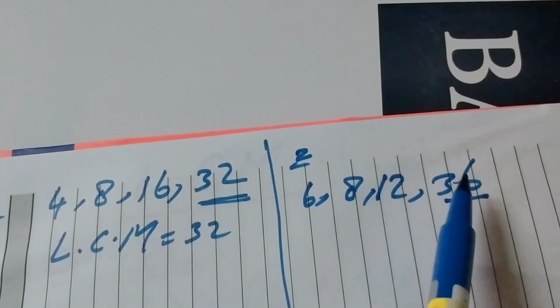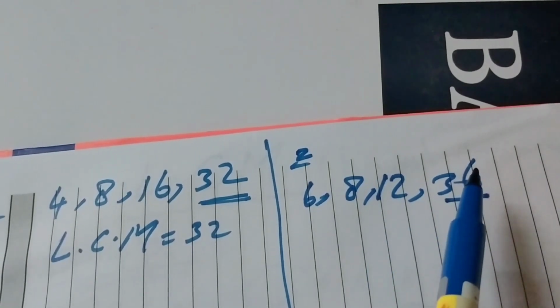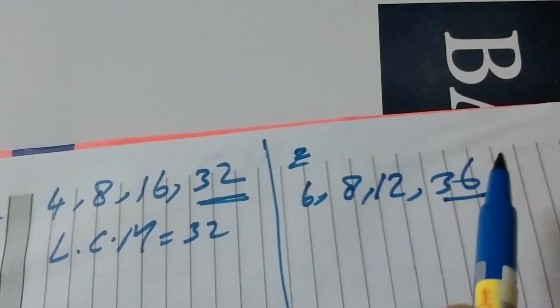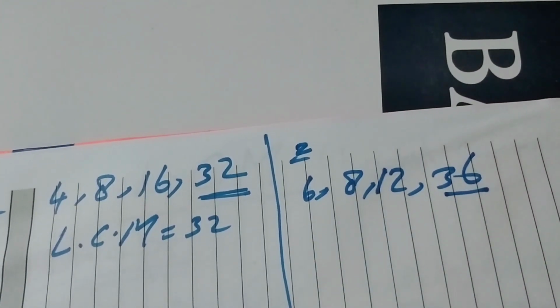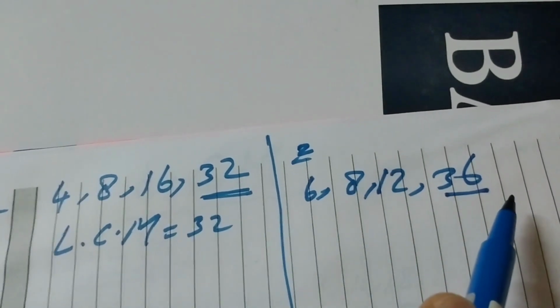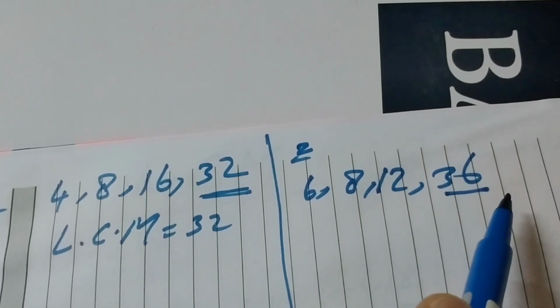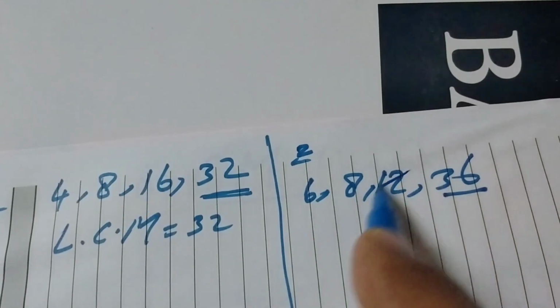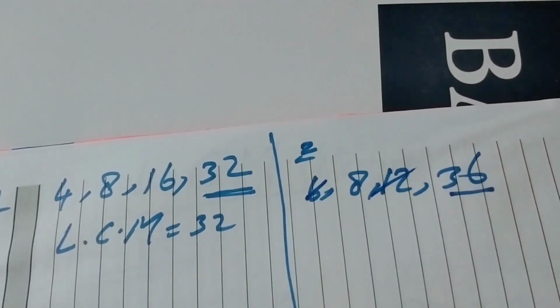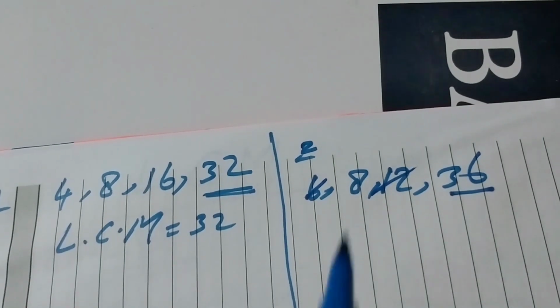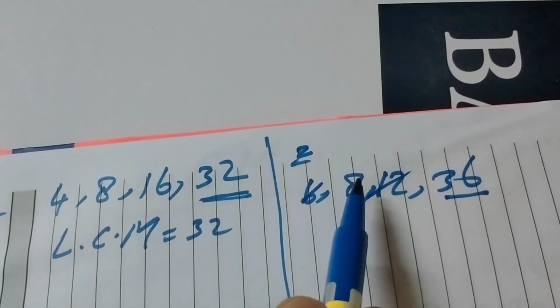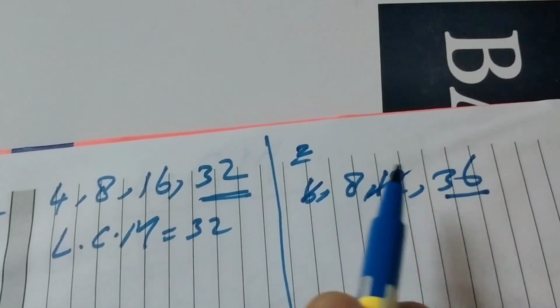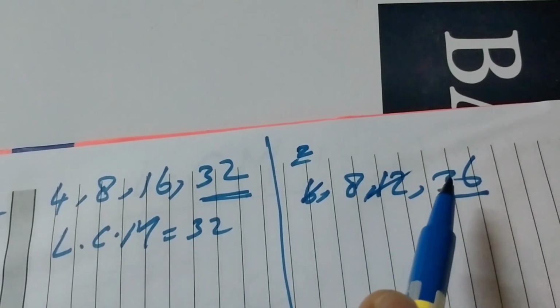Let's see, 12 divides 36, because 12 multiplied by 3 equals 36. 6 also divides 36, so we will cut these numbers. 12 and 6 both divide 36. So now 8 is remaining. 8 does not divide 36.